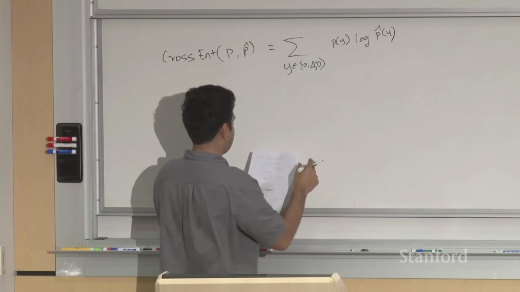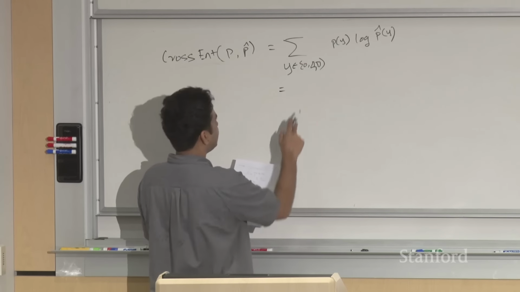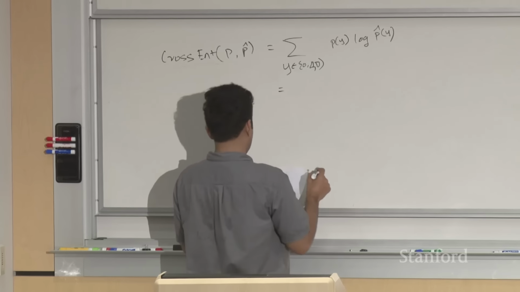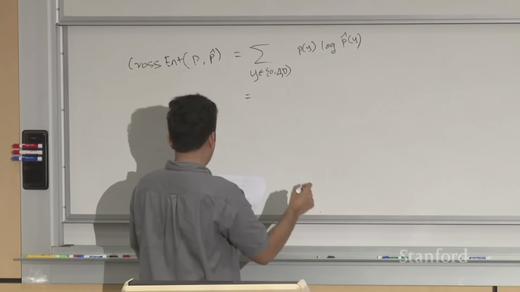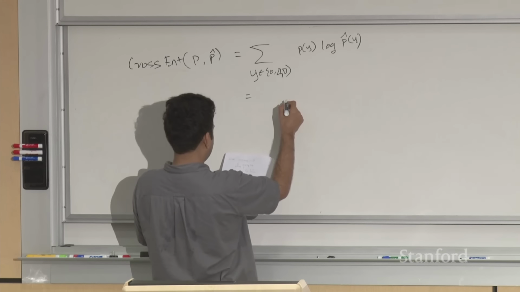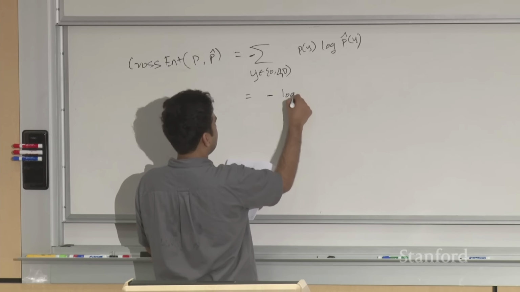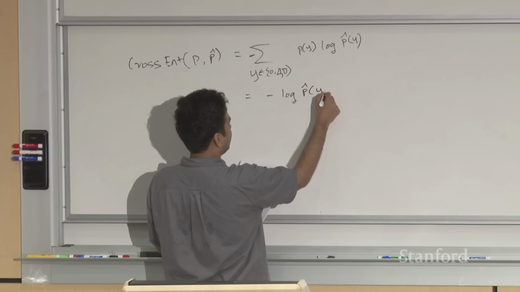I don't think we'll have time to go over the interpretation of cross entropy, but you can look that up. So here we see that p of y will be 1 for just one of the classes and 0 for the others. So let's say in this example, y was a triangle. So this will essentially boil down to minus log p hat of y triangle.